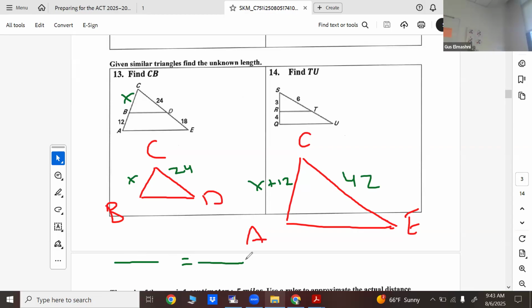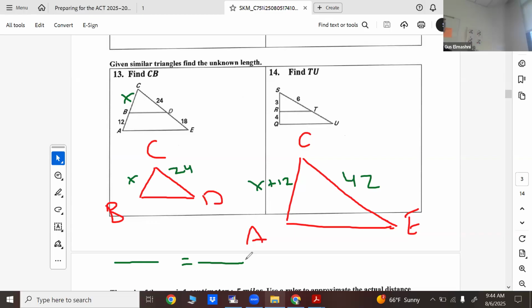When I say corresponds, meaning it's not exactly the same, but it's in the same position. So CB is in the same position as what side here? No, this triangle over here. So CB is it similar to CE, EA, or CA? CA, exactly. That's what's trying to correspond.